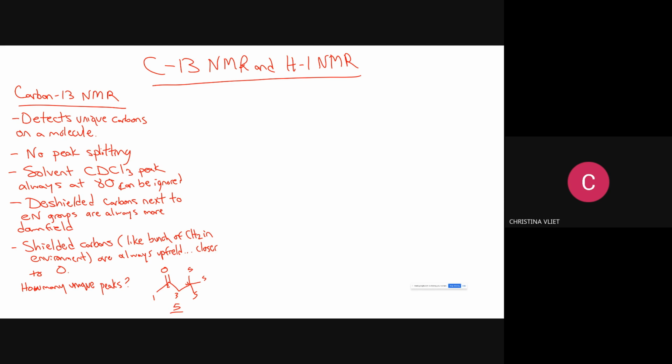What about this one? How many unique peaks? How many unique peaks here? 1, 2, 3, 4, 5, and 6. 6 unique peaks, no symmetry.